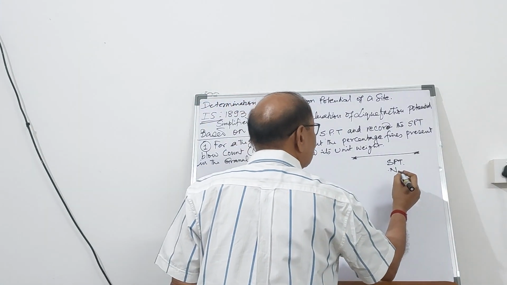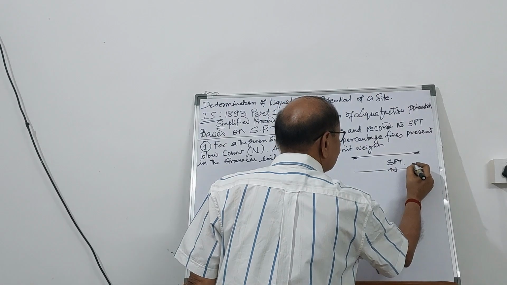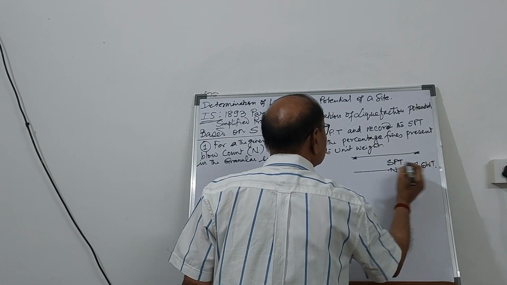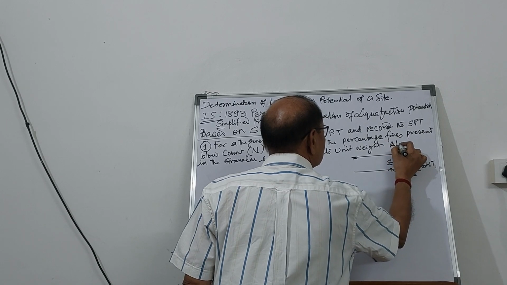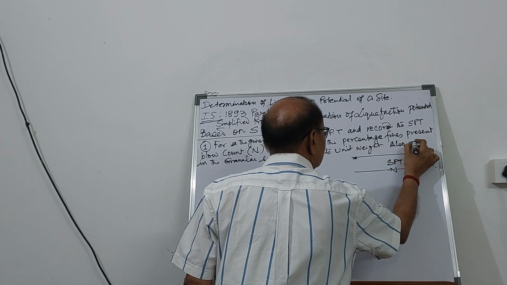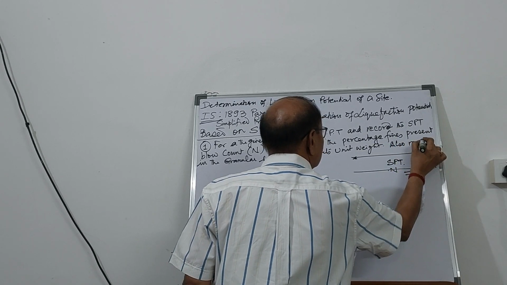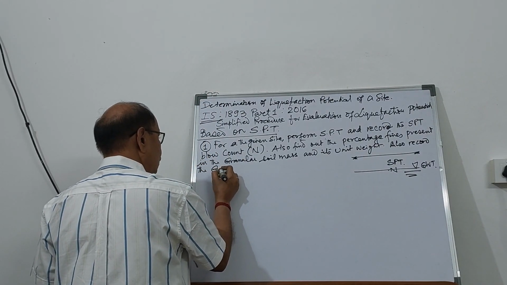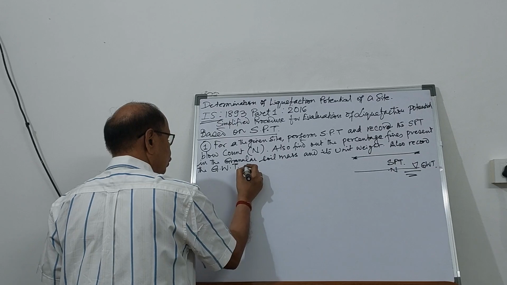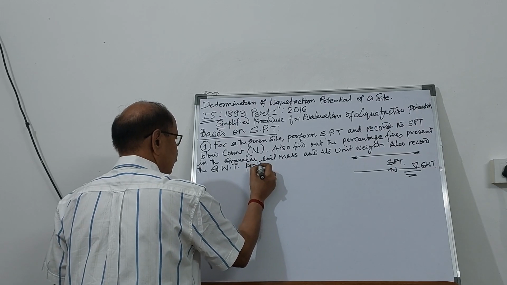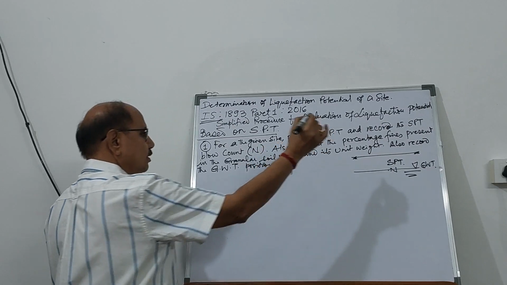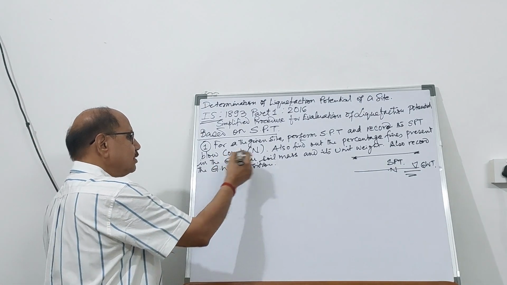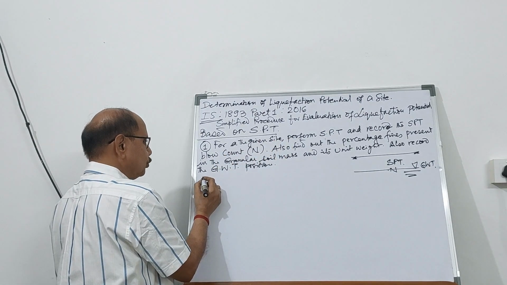Also, groundwater table is very, very important. So also record the groundwater table position. First thing, going to the site where the construction is to take place, we should do this much.